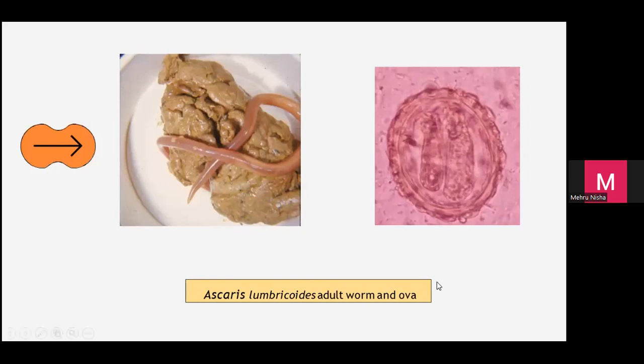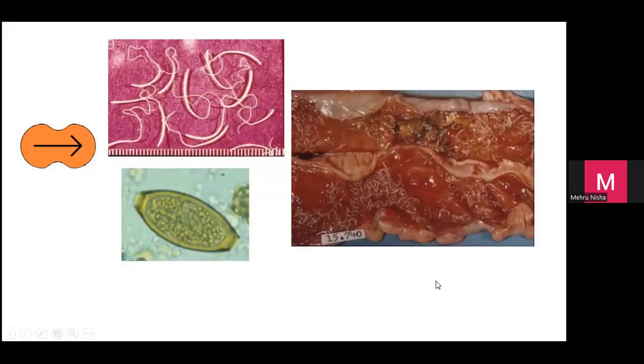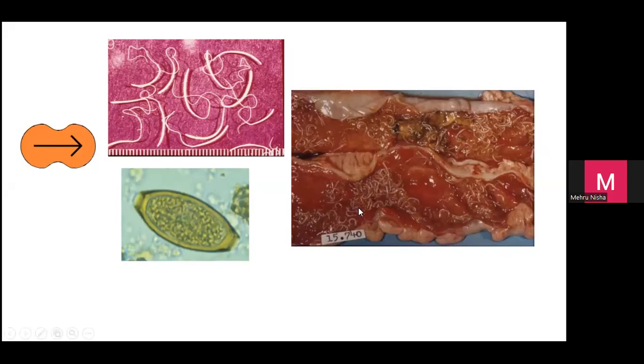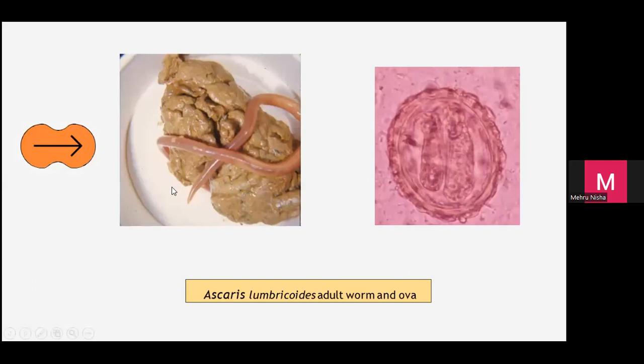Okay, this is Ascaris. This one now. The egg is beautiful. You cannot forget the shape. Trichuria. Yes, very good. Smart already. Okay, Trichuris adult worm and ova. If you see, Trichuris trichiura is a thin worm compared to Ascaris.